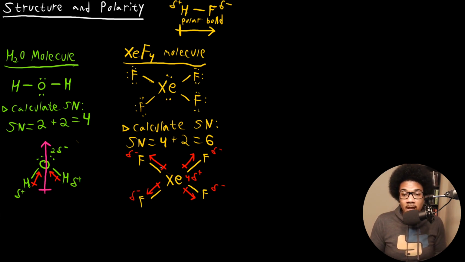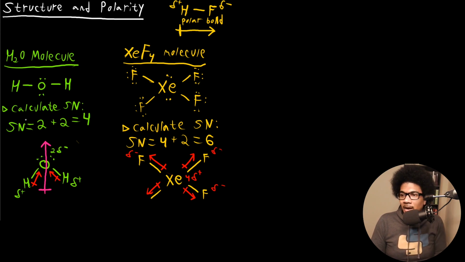And so we don't have a net molecular dipole. This is always going to be situation dependent. It depends on what your molecular geometry is, and if you have all the same atoms involved in the bonds.